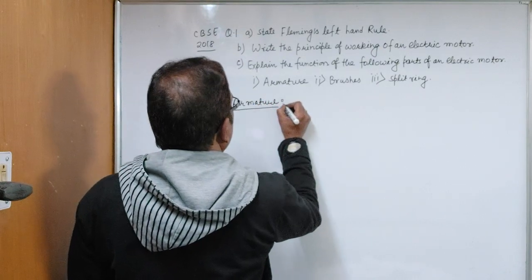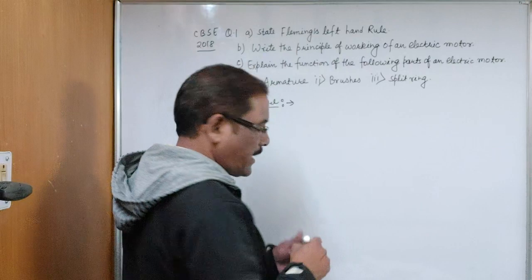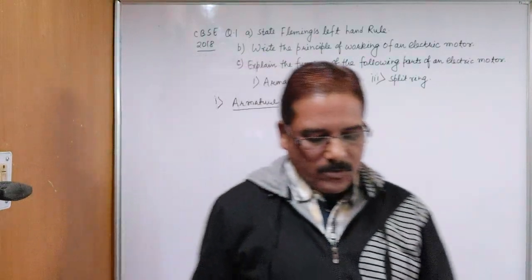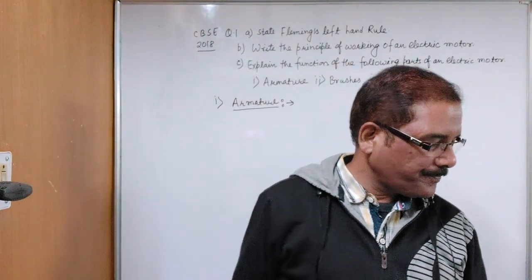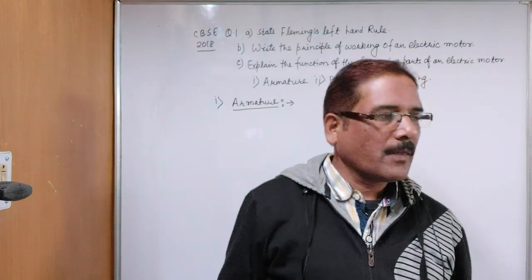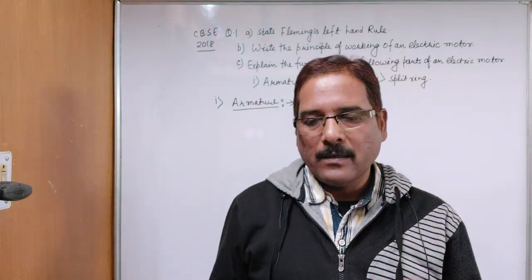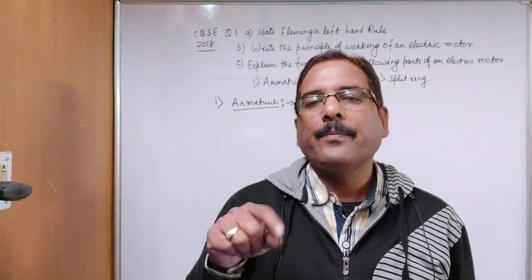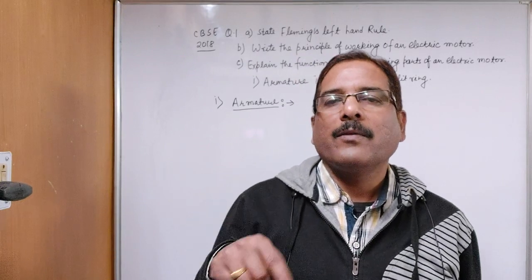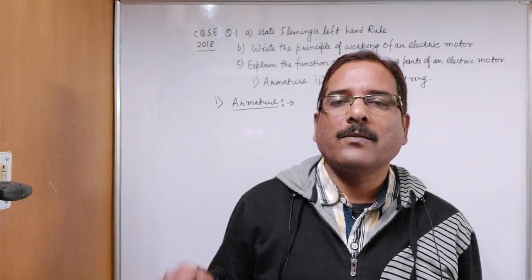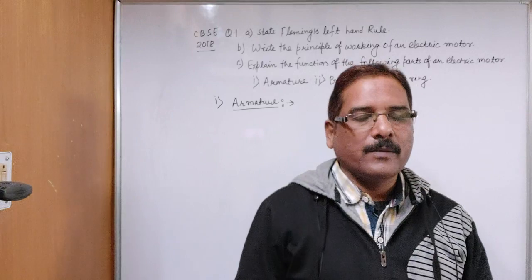So armature is a rectangular coil. It is a piece of soft iron and we wrap copper wire over it. Several turns of wire are wrapped over it.